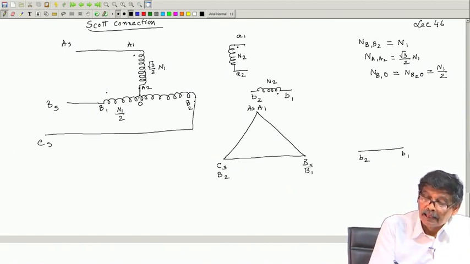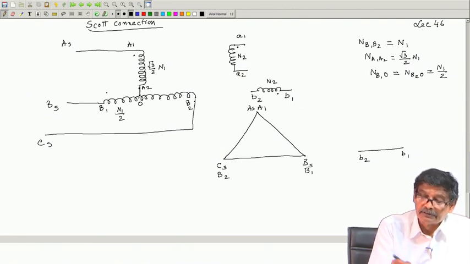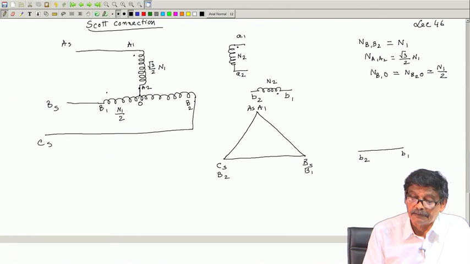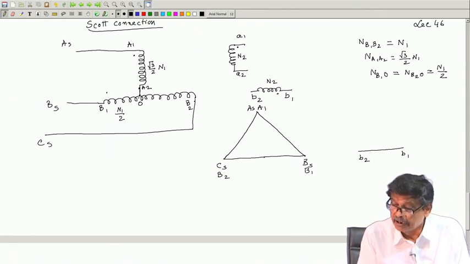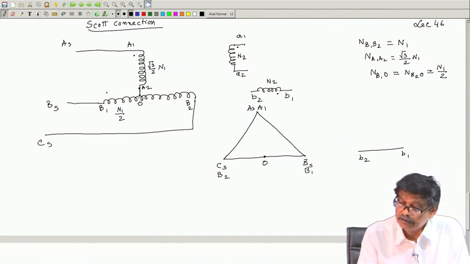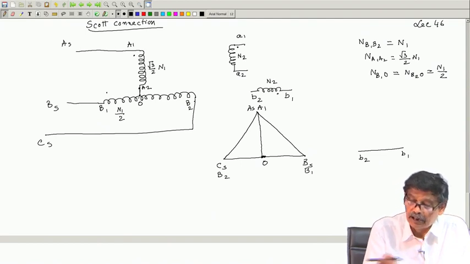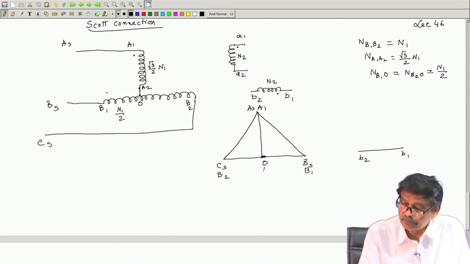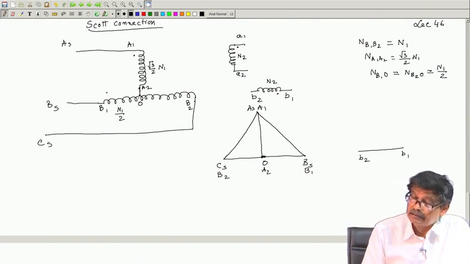Okay. On the primary side, the question is what is the voltage applied across the primary of transformer A. This point, mind you, is O, because it is between BS and CS at the midpoint. So, this will be O, and this point O happens to be your A2; O and A2 are the same.